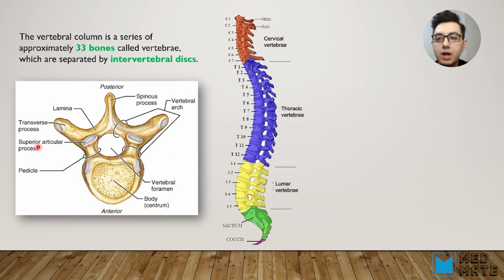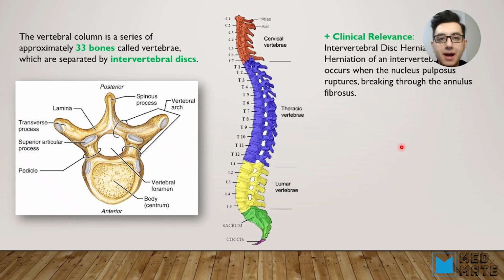We also have the superior articular process, and there is also an inferior articular process, but you cannot see that because we are having the superior view of the vertebra. So in fact, the superior articular process is articulating with the inferior articular process of the superior vertebra. We also have a vertebral foramen, and the spinal cord is running through this foramen.